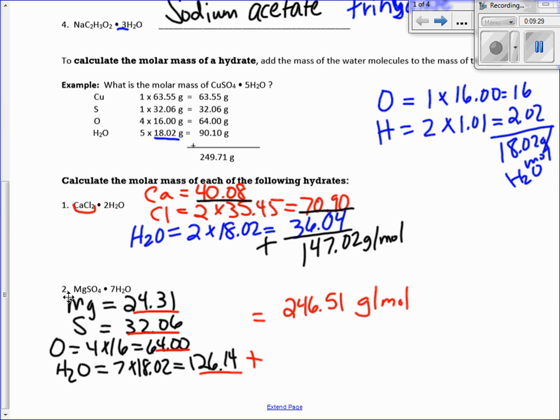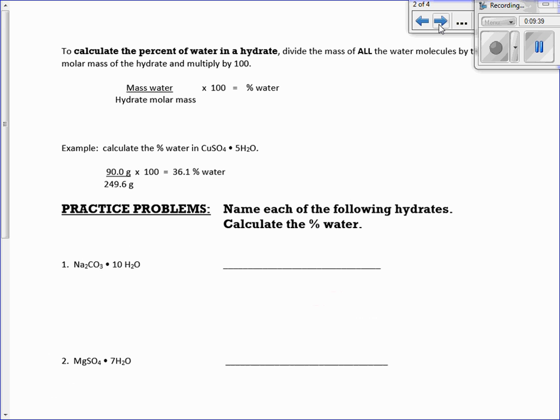So in the next section on the next page, you're going to be doing the percent of water in the compound. If you look up here, the formula is up here. You're going to find the mass of your water and divide it by the total mass of the entire hydrate.